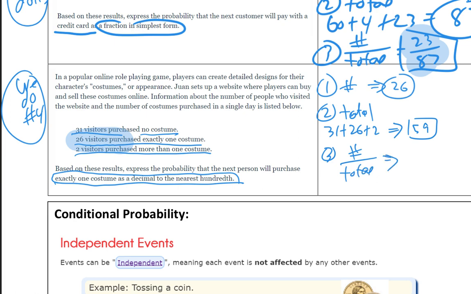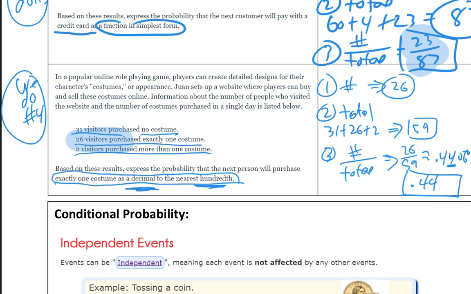So that's going to be 26 over 59. Now they want it as a decimal, right? So if we put that into our calculator, it's going to be approximately 0.440677. They want the hundredth, so the hundredth is that 4, right? So we ask the 0 what to do with the 4. That tells us to keep that 4, so we're going to keep it 0.44. All right, so that's it.